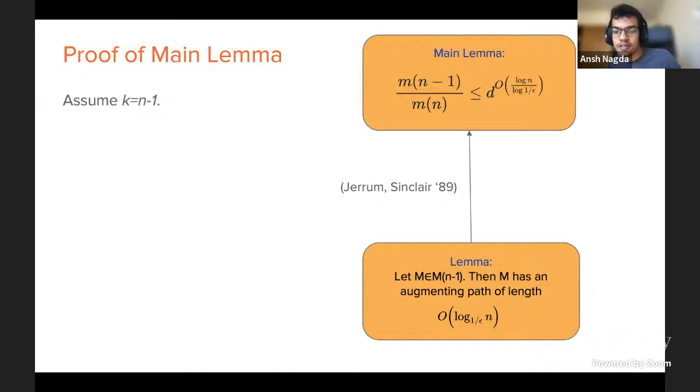They show that the lemma can be reduced to this other statement, which says that for any near perfect matching in the graph, there is a short augmenting path with respect to that near perfect matching. So if we can show the bottom lemma for every expanding regular graph, we would be able to prove the lemma on the top. Recall that an augmenting path for this near perfect matching is just a path that looks like this.